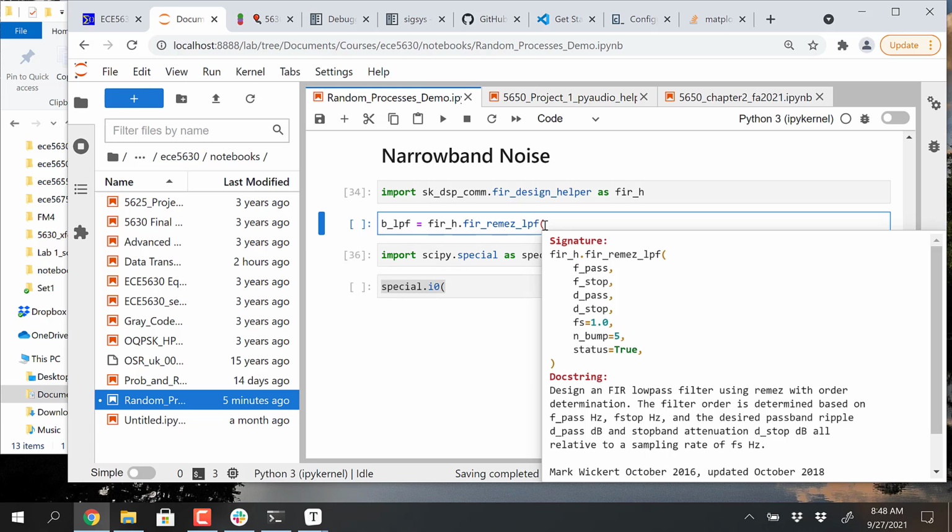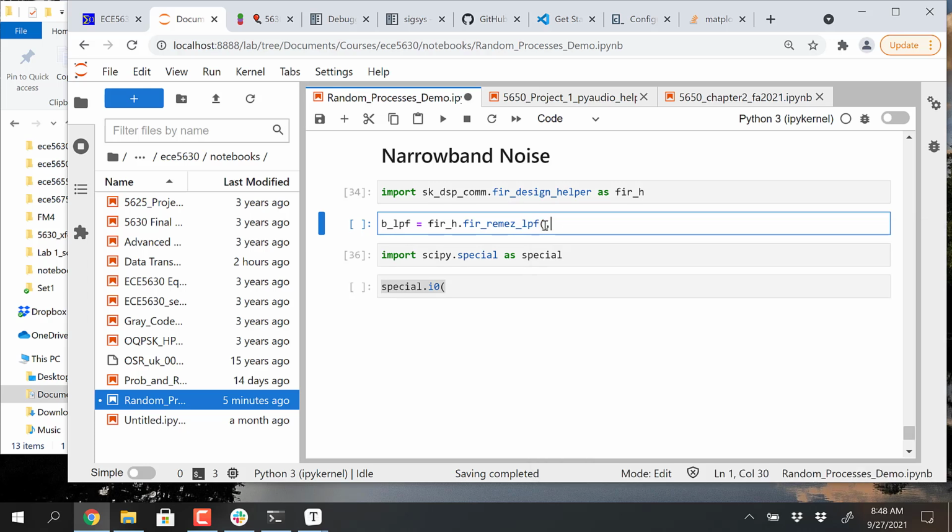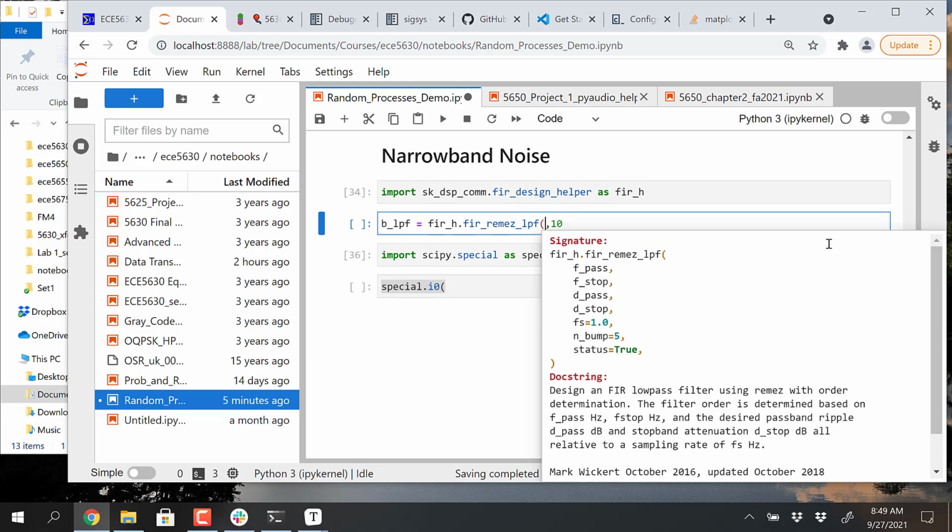So I was going to set my sampling rate to 10. It could be 10 megahertz or whatever. I'm going to do that, and the passband is going to be at 1. I'm just pulling this out of my head. I'm going to put this at 0.1 or 0.2, let's say.